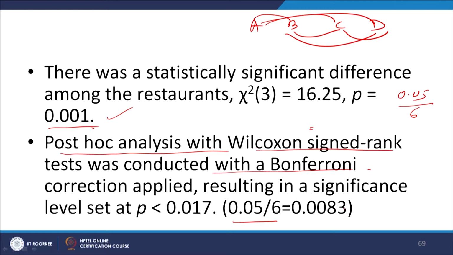So the new significance level is not 5%, but 0.0083, that is less than 1%, and you have to check at this level. If your study gets significant at this level, then you can say what is the relationship between A and B, A and C, A and D, individually. I will show you how to do this.